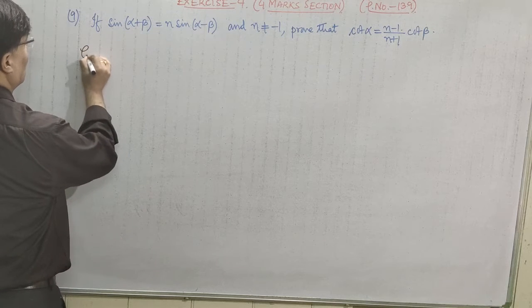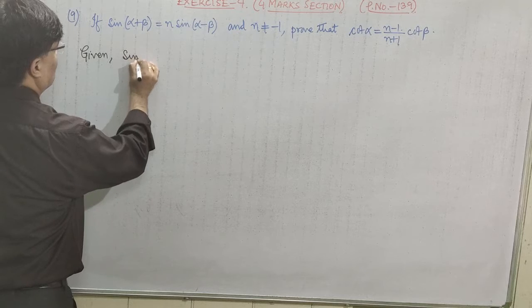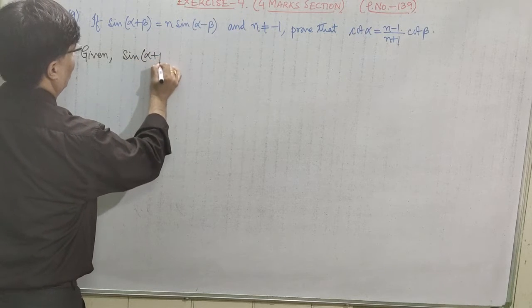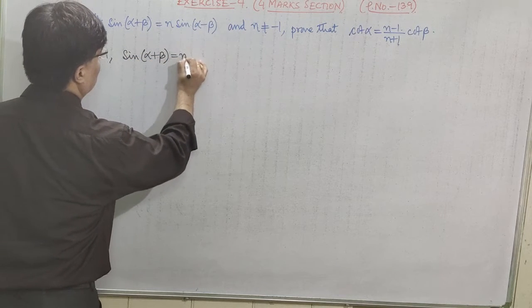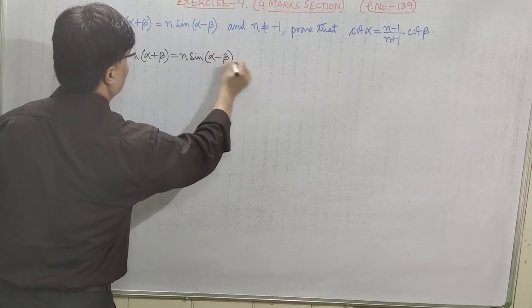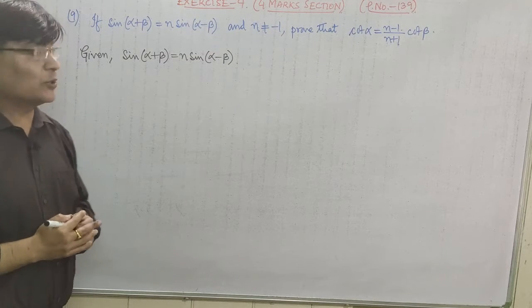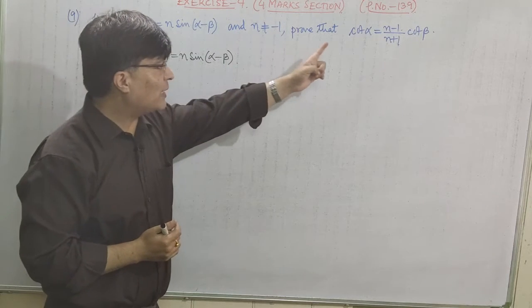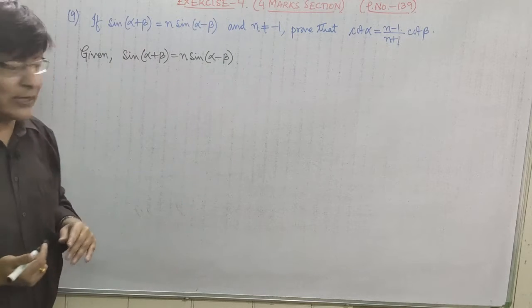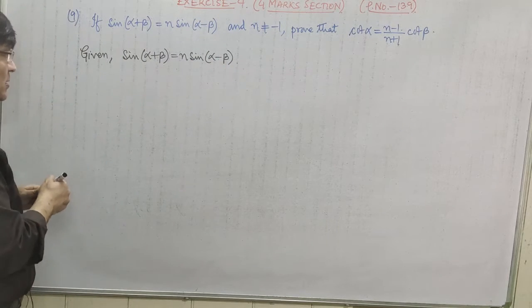So let us write down, given here is sine of alpha plus beta is equal to n sine of alpha minus beta. Now since we have to prove n minus 1 upon n plus 1 on the right hand side, so let us take this sine of alpha minus beta to the left hand side.